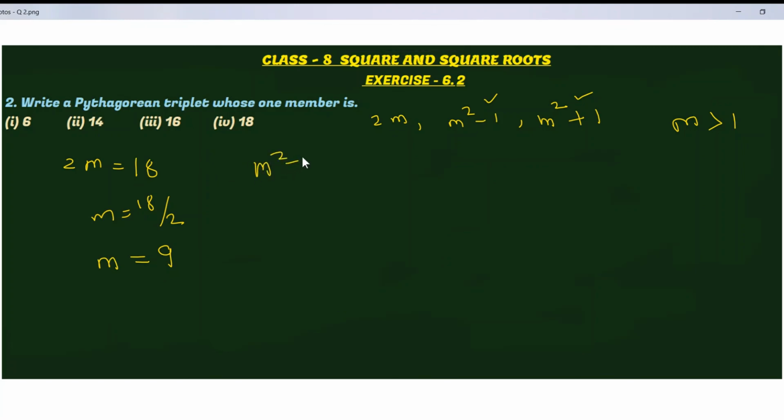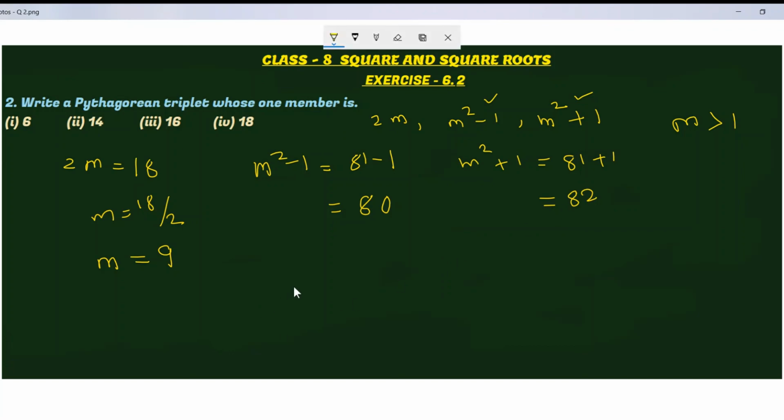M square minus 1 first. If m is 9, then m square will be 81. 81 minus 1 is equivalent to 80. Next is m square plus 1. We know m square is 81, plus 1, which is equivalent to 82.